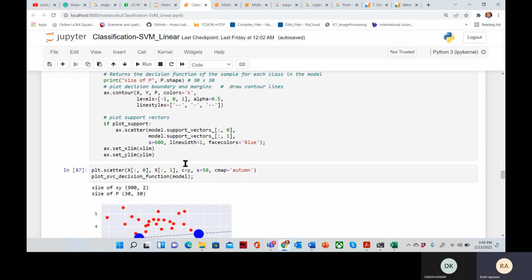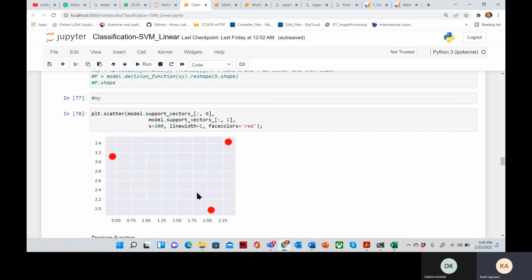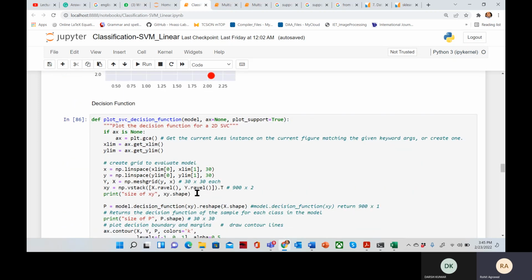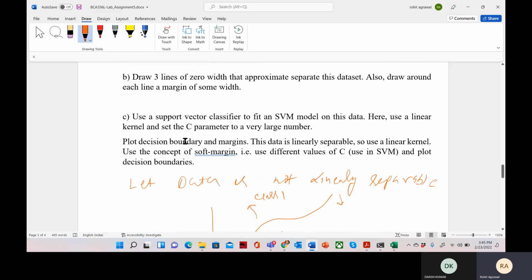If this is clear, now we will see the working here. So what is our question? Use the support vector classifier to fit an SVM model on this data. Here use a linear kernel and set the C parameter very large. Besides, I think we set the C parameter to 10 to the power 10. So you can play around with this.